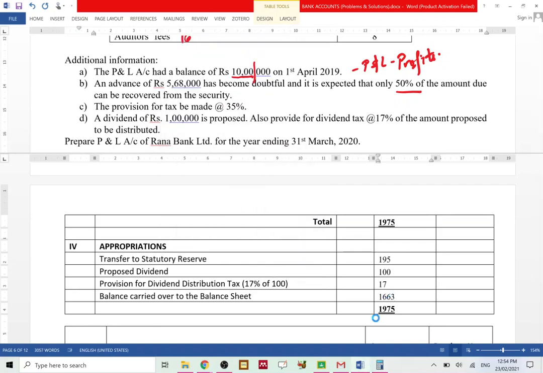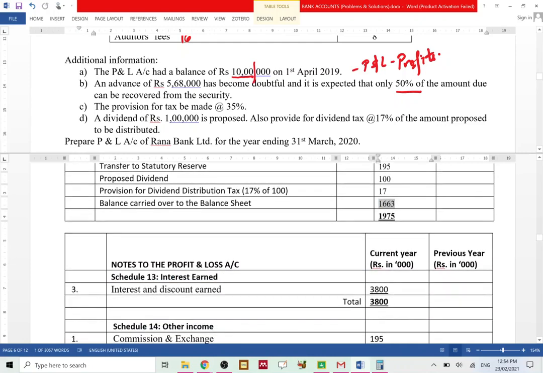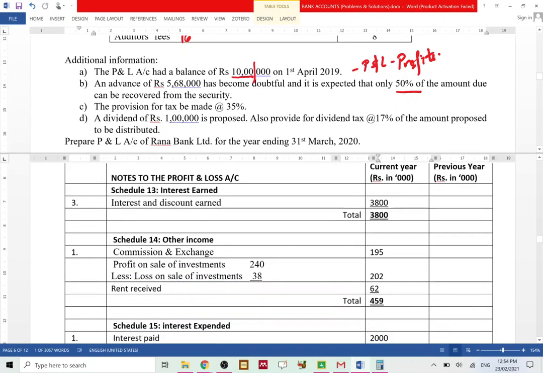Done? So that's our profit and loss account. Complete. This figure will be the same. Whatever balance remains after minusing all these other appropriations from the total profits, that goes to the balance carried over to the balance sheet, right? It will be carried forward to the next year.